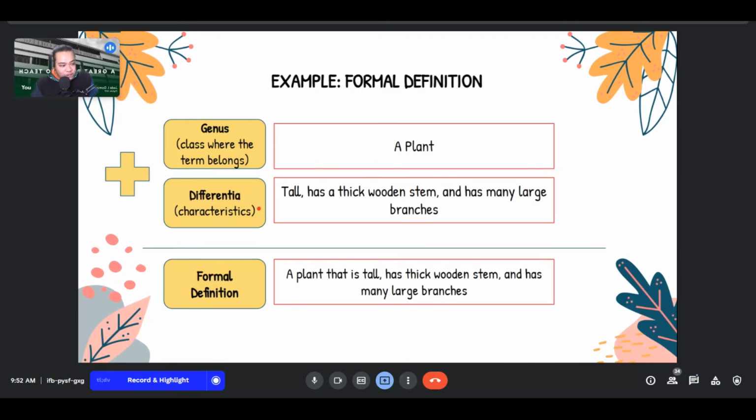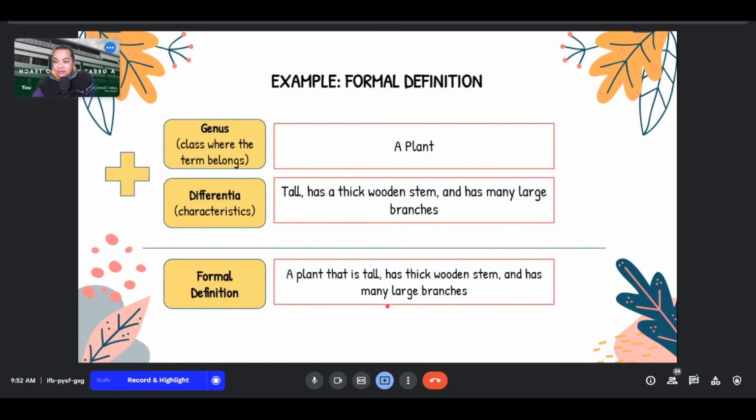The differentia are the characteristics of that plant. So, it has a tall, thick wooden stem and has many large branches. So, kapag pinagsama natin si genus at diferensya, ang mangyayari ay a plant that is tall, has thick wooden stem, and has many large branches.